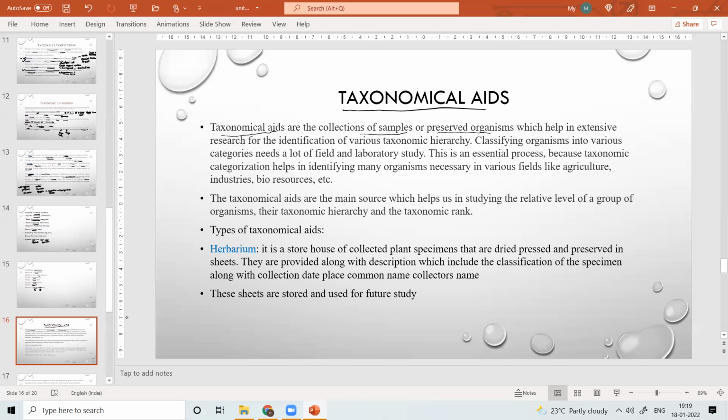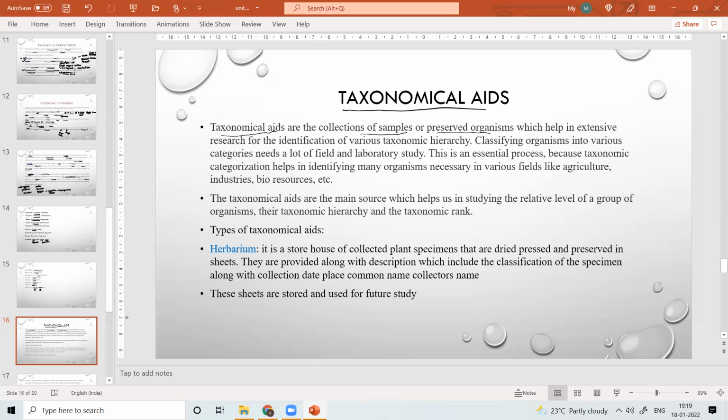So collection of samples and preserved organisms. So generally we collect the samples from different organisms with different species, maybe different genera. And we generally preserve these organisms, like as we do in our botany studies, we generally make herbarium. That is a kind of taxonomic aid.